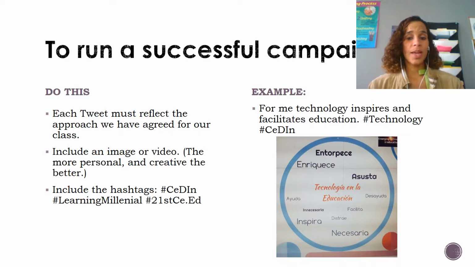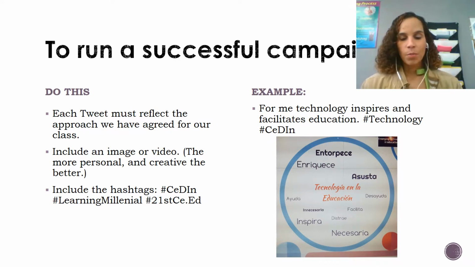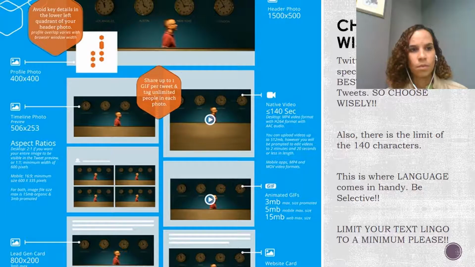If you have space available, because we do have a limited 140 characters tweet, okay? If you have space, you may also include the hashtag learning millennial. But it must have the hashtag sitting and hashtag 21st century ed. So it is important for you to reflect what we believe is the 21st century education.